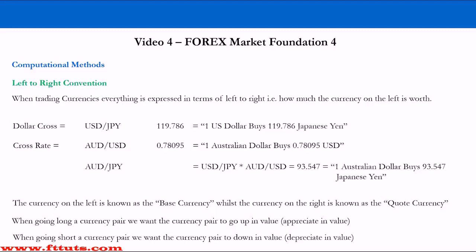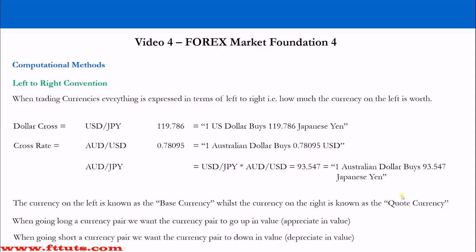All we have to do is multiply the dollar yen rate by the Aussie dollar US dollar rate, and that gives us 93.547, which means $1 Australian, the currency on the left, buys 93.547 Japanese yen.